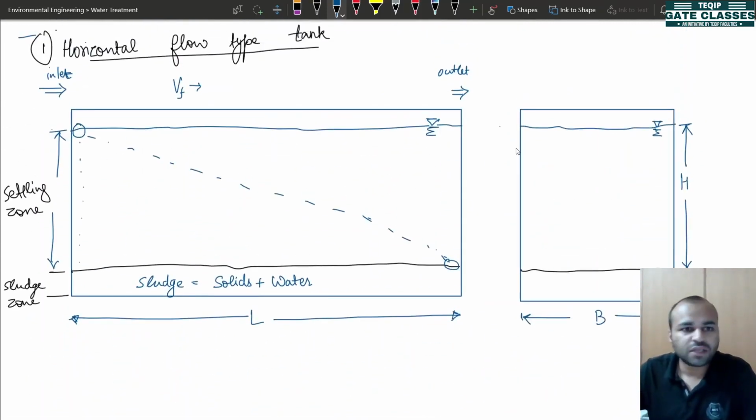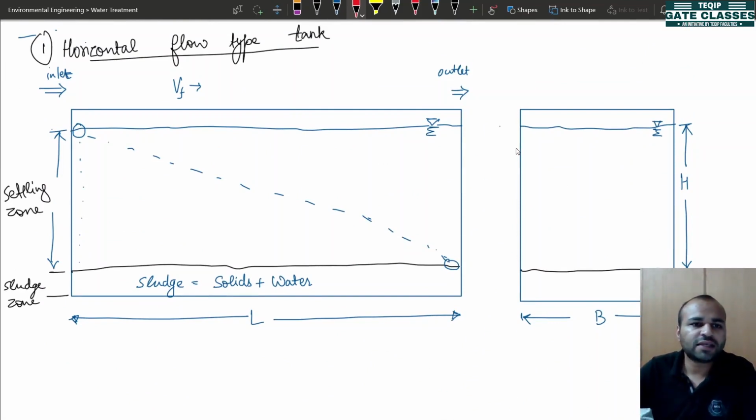Okay, so what are the forces that will be acting on this particle? First of all, the velocity of flow of the water will be taking the particle along with it in the horizontal direction towards the outlet. Secondly, there will be some settling velocity due to various forces such as gravitational force.